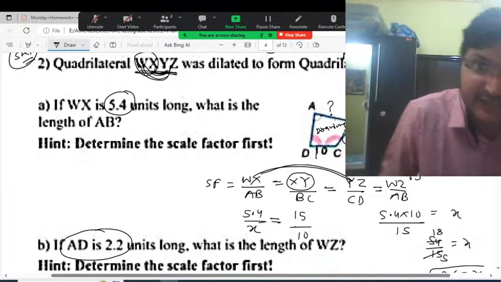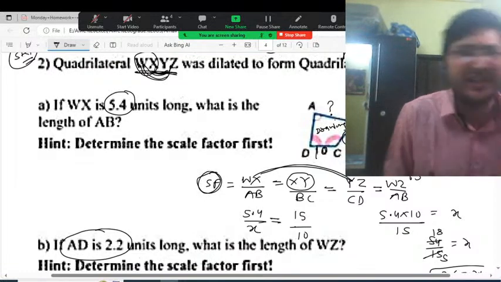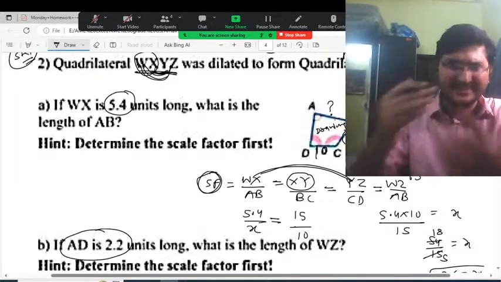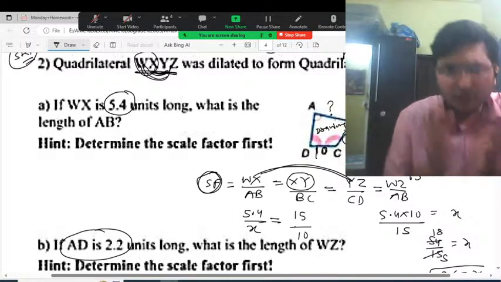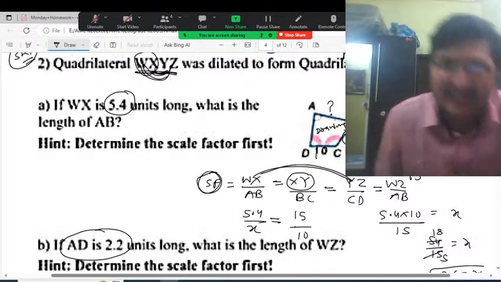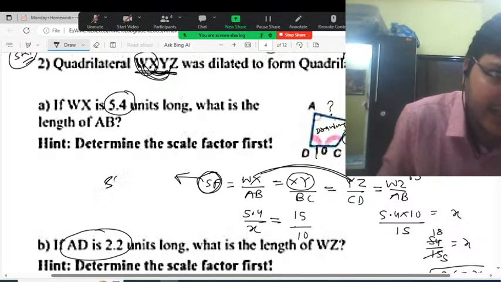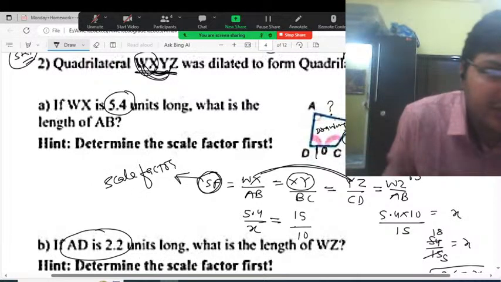That's why we are saying so. And scale factor is the same thing: the ratio of those corresponding sides is known as the scale factor, SF. And in scale factor, the first ratio that we take is of the drawing.